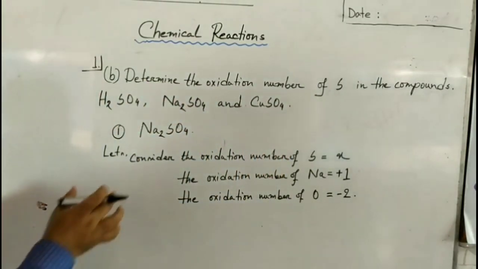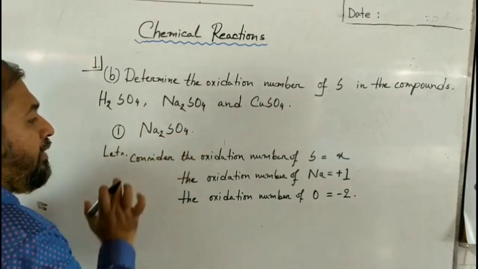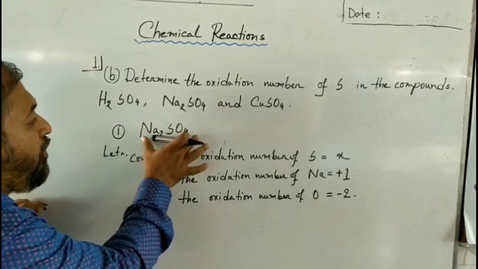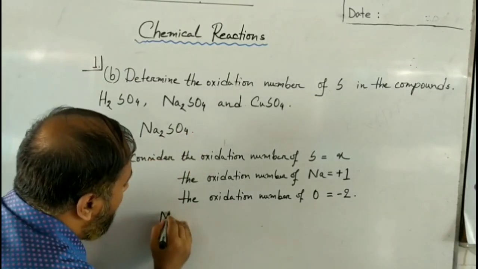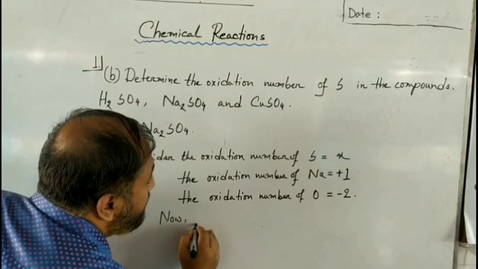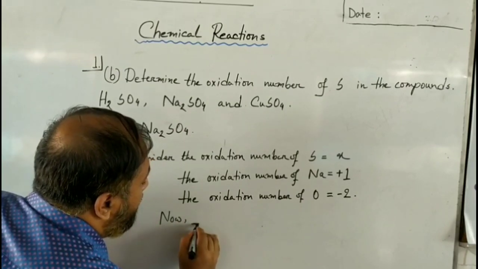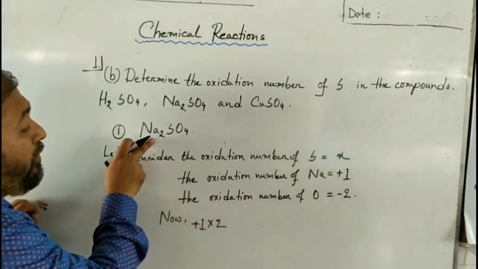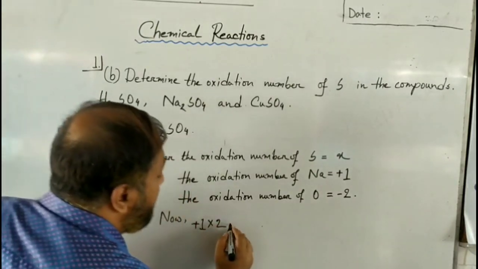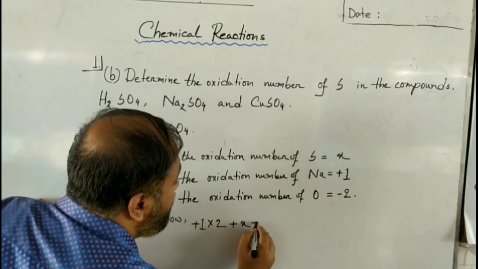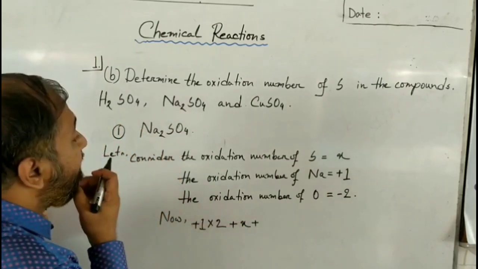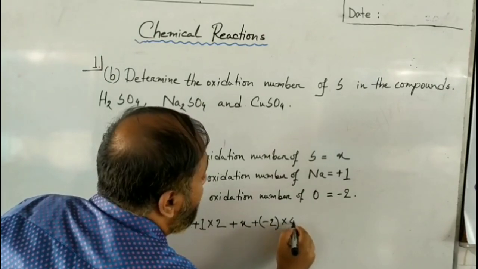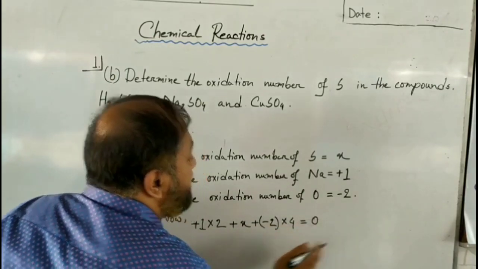Now come to the point. As sodium sulfate is a compound, the total oxidation number of this compound will be 0. Now, +1 multiplied by 2, because there are 2 sodium atoms in sodium sulfate, plus X, which we consider the oxidation number of sulfur, and -2 multiplied by 4 is equal to 0.